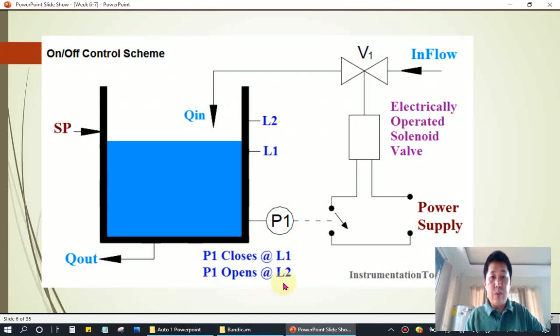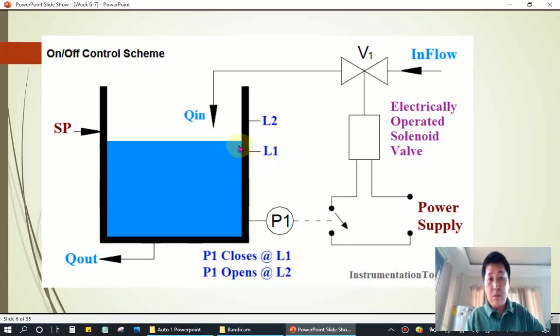When the level is below L1, it closes the circuit because of the float. The float is not shown here, but it depends on the type of sensor, whether it is the float type or another type of sensor.